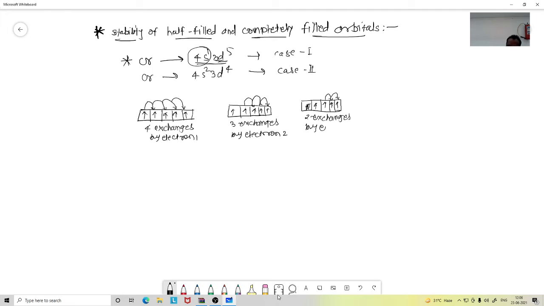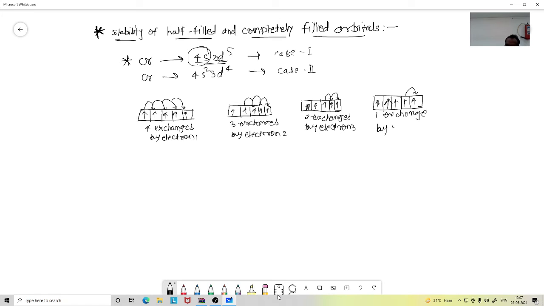And 1 exchange by electron number 4. Electron number 4 will have 1 exchange.